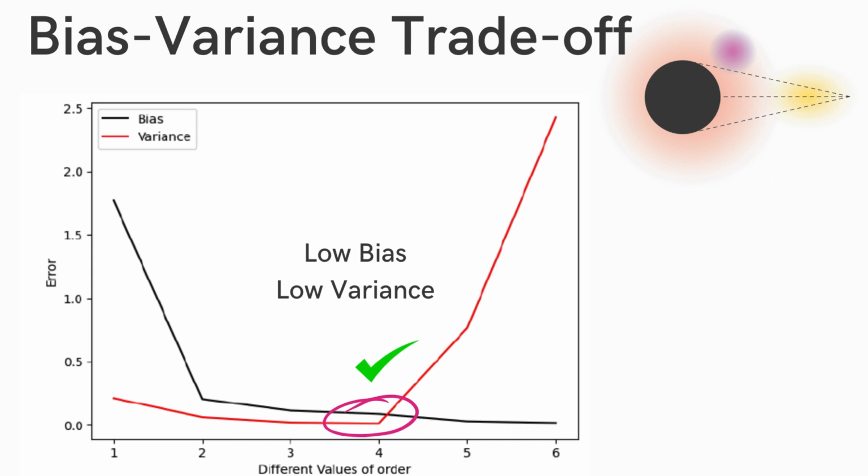It's not the lowest bias. Of course, if you are talking about the bias alone, degree 6 has the lowest bias. But here, what we are trying to find is the point where both bias and variance are lowest. Okay, so in this case, the model that you should choose is the model which has degree 4. Right? I hope this helps you understand how to fine-tune the hyperparameters by looking at the bias variance trade-off.